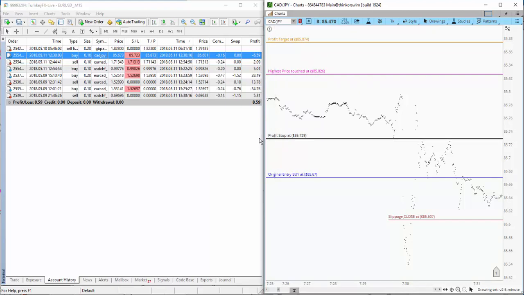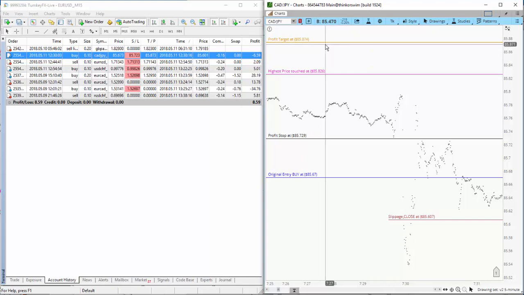And then at some point back here off the chart where you can't see, but I marked it on the chart, the highest price that the actual price got to after the trade entered was right here at 85.82, and the profit target was just about 5 pips higher up here at 85.87.